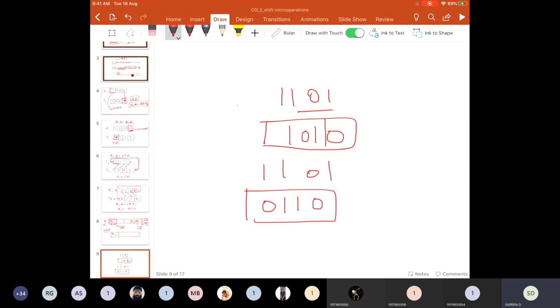Whereas in logical shift right operation, you will be moving each bit in the given register to the right by one bit, and the least significant bit will be discarded, and you will be inserting a 0 at the most significant bit position. This is logical shift left and logical shift right.